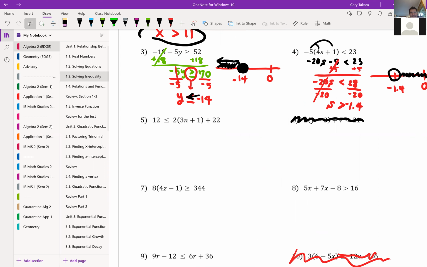Now, number 5 is an important question to go over because the variable is on the right side. N is on the right side of an inequality, isn't it? So there's something that I want you guys to be aware of. That's why it's included in the assignment there. But let's just solve it first, okay? I want you to work on it by yourself first.